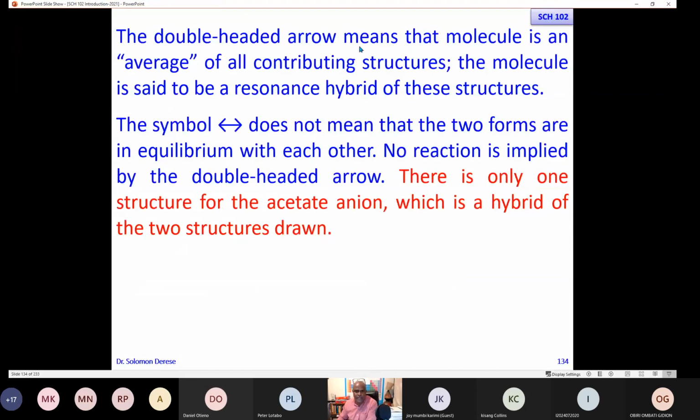So the double-headed arrow means that the molecule is an average of all contributing structures. The molecule is said to be a resonance hybrid of these structures.